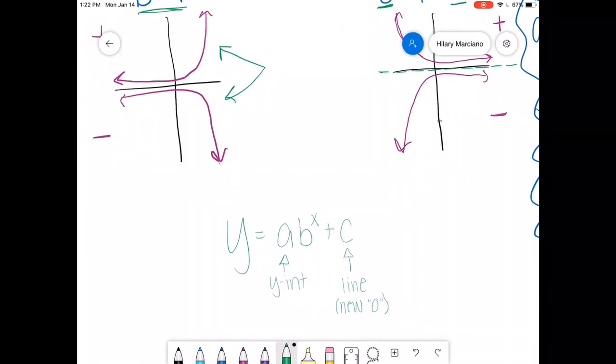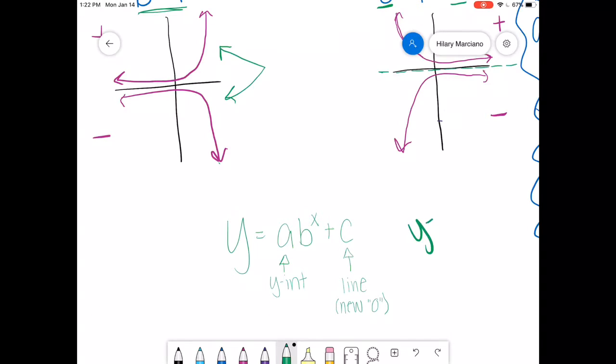Looking down here at our formula, we have y equals a times b to the x plus c. b, we know, is telling us what we're doing with our graph, the way it looks. a is our y-intercept, so that's where it's crossing the axis. If they were giving us an equation, we could use what a was and see if the graph crossed at that point. If it did, then that would help us identify the graph that we're looking for.